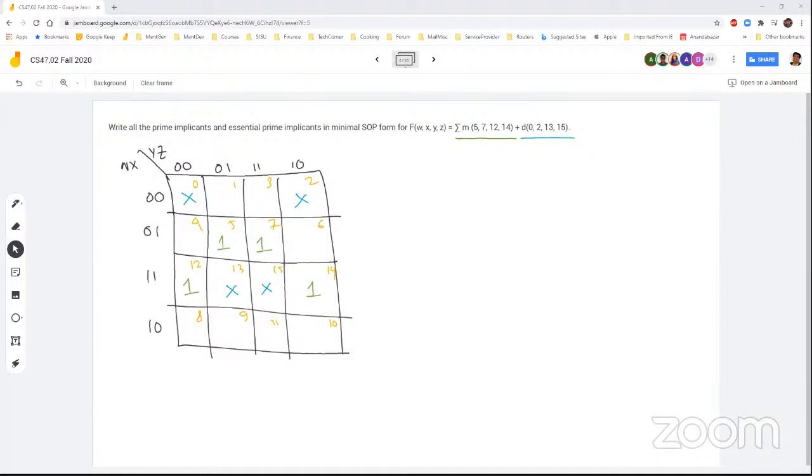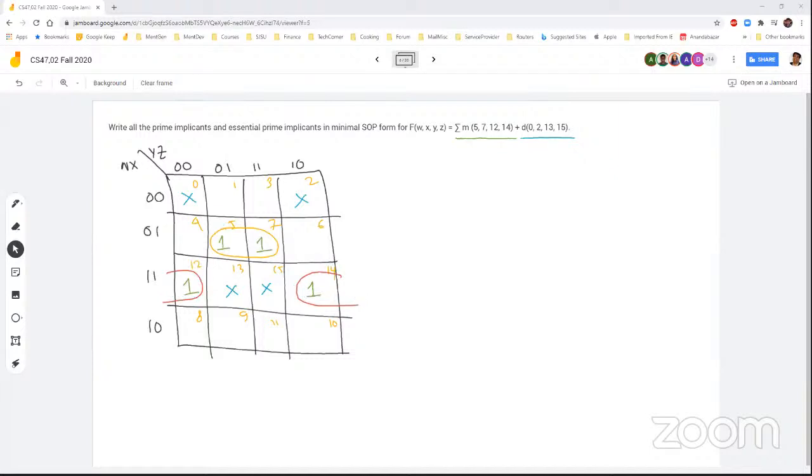Essentially, if it was just 1s and we didn't consider X, then we probably would have made a group like this and another group like this. So we start with that.